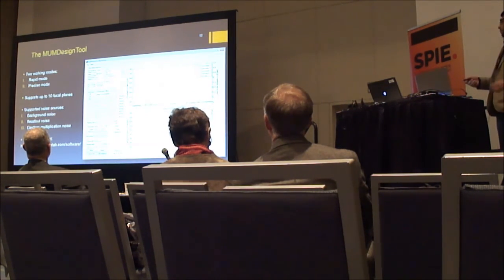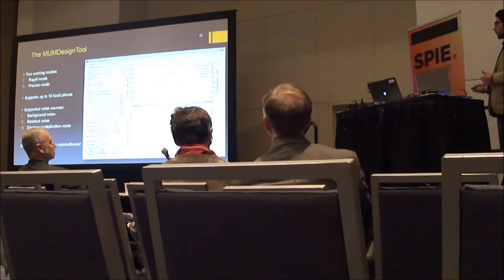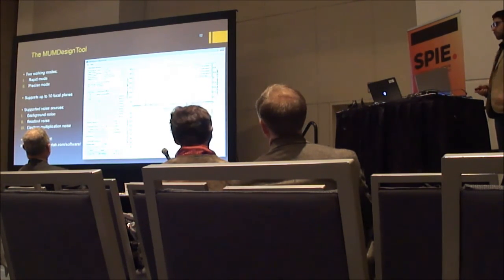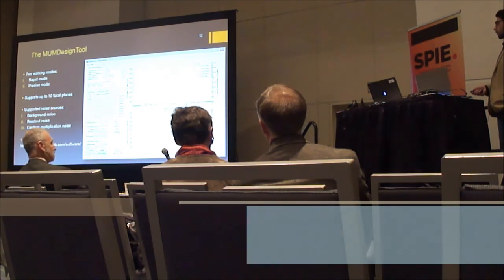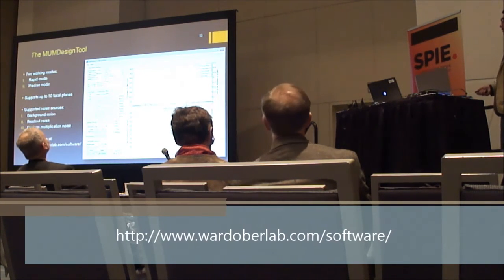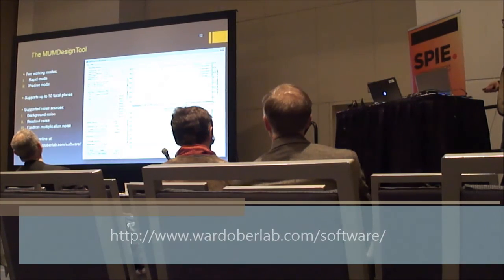The rapid mode is based on an approximation, which we mentioned in our paper. It allows you to set the plane spacing in real time and visualize your plan and the Fisher information. And also, then the precise mode models, including the background noise, without noise, and electron. And it's available online on our website.